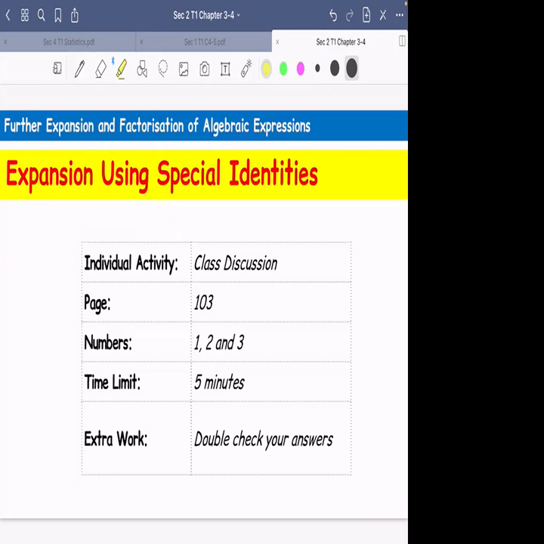These are important identities, or most of the questions in higher mathematics will be going around them. These are the base topics before those topics in Sec 3 and Sec 4, especially when you start to study trigonometry.